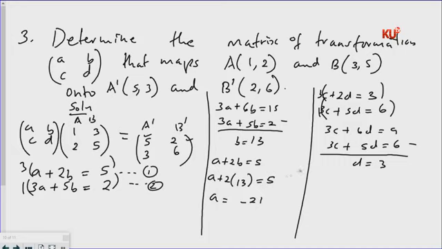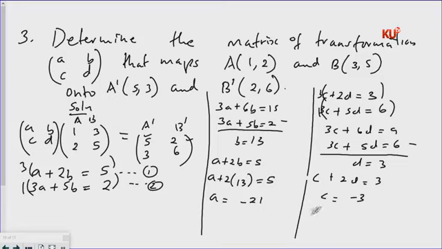So if that is the case, then one of the equations, C plus 2D is equal to 3. So we replace in for D, meaning our C will be equal to 3 minus 6, that is negative 3.